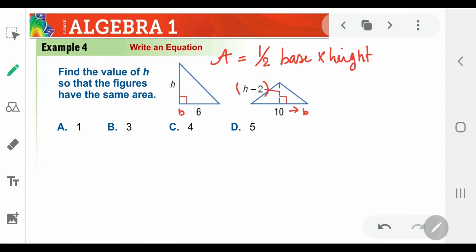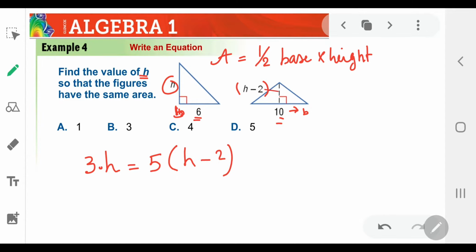Half the base, which is half of 6, because we said earlier the base can be 6. So half of 6 is 3, times the height, which is unknown and is required to find, is equal to the area of the second triangle: half the base, which is half of 10, 5, times the height. And as we said earlier, the height here is not h, it's actually h minus 2.